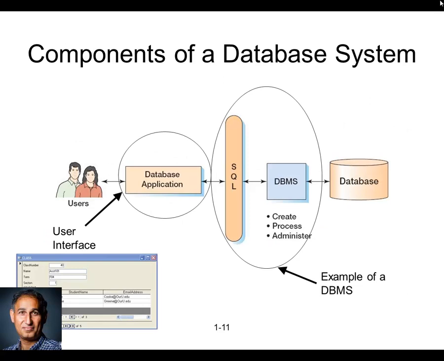The main components of a database system are a database application or interface, the database management system itself, which is the part that creates, processes, and administers the database, and the database repository or warehouse. Those are the three main components of a database management system.